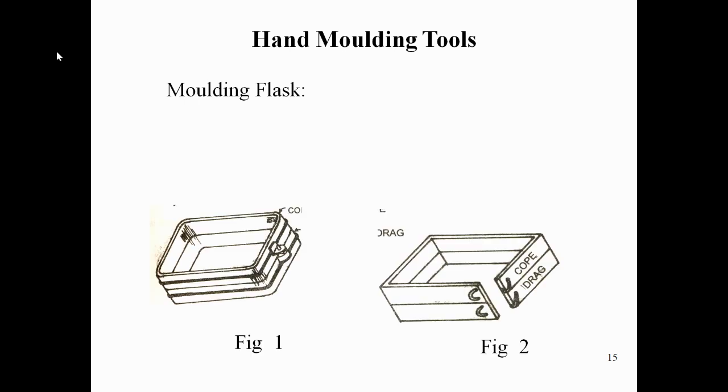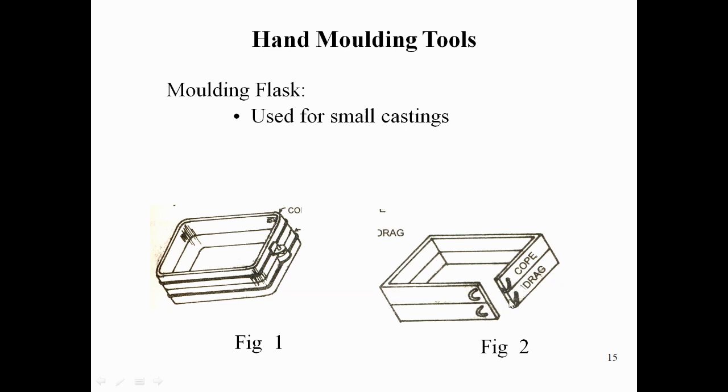Here we can see a diagram of a molding flask. This molding flask is used for small castings. In this figure we can observe there are two boxes or two flasks, the cope and drag.